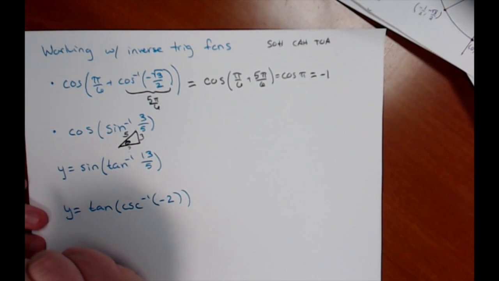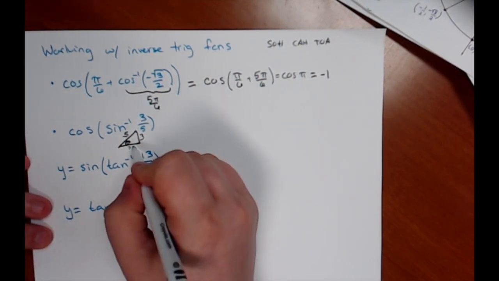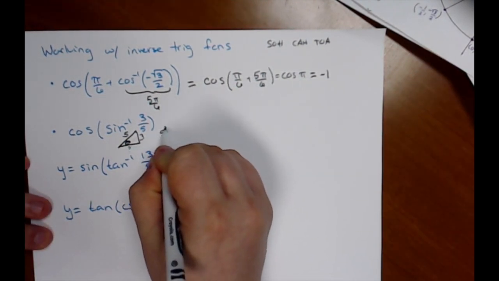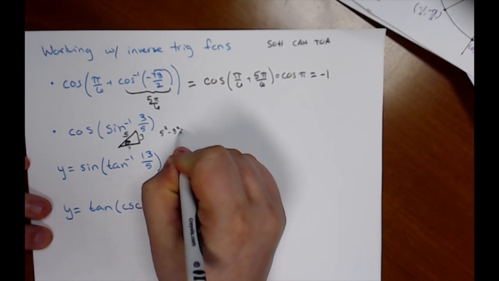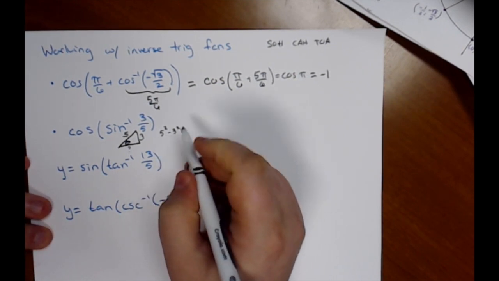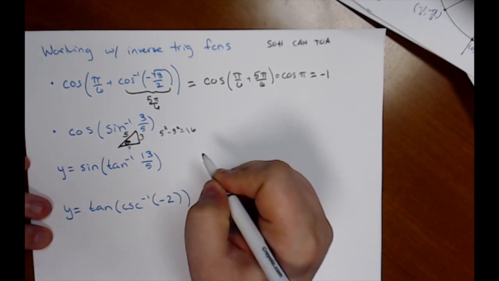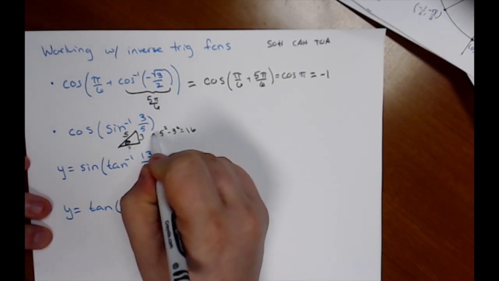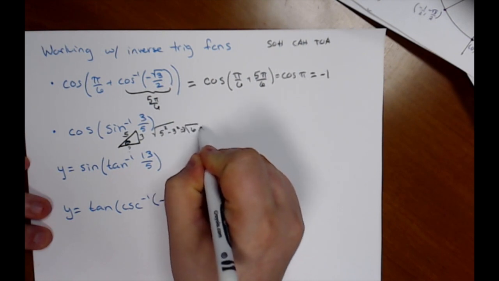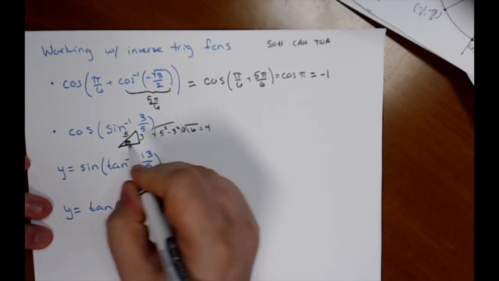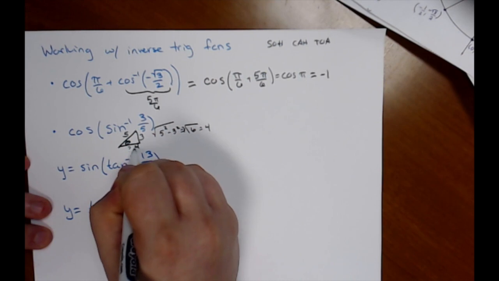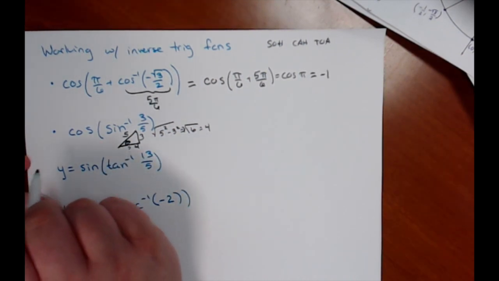Well, what's this last side? This last side is whatever 5 squared minus 3 squared. So that's 25 minus 9, 16. And then I take the square root, which is 4. So this is my 3, 4, 5 right triangle.